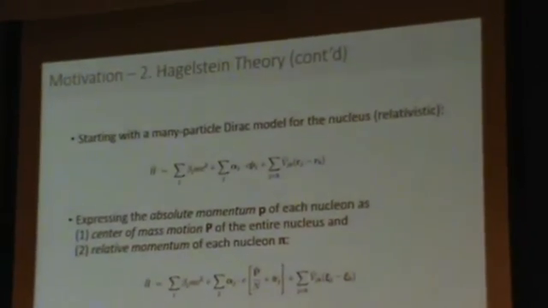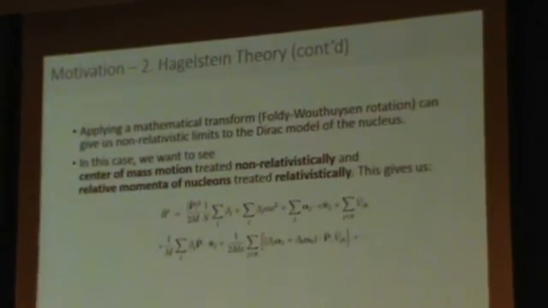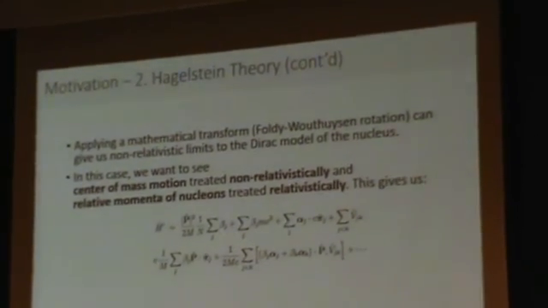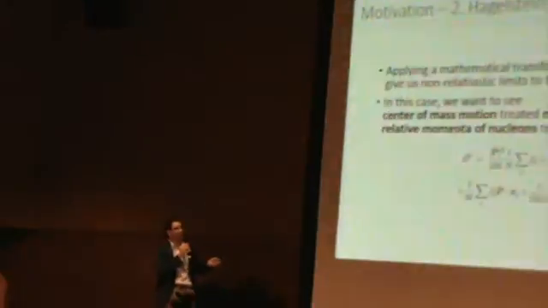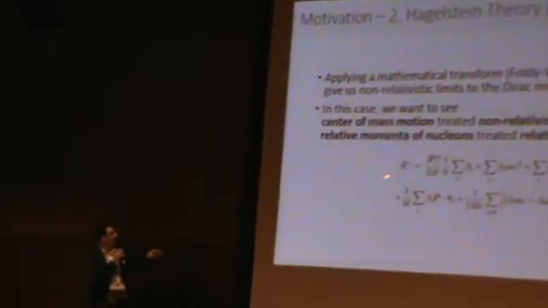And then what's typically done to get the non-relativistic limit of such a Hamiltonian is you apply a Foldy-Wouthuysen transformation. And Peter has done that in a way where he hasn't completely moved to a non-relativistic Hamiltonian, but the intuition here is that the center of mass motion, so the motion of the nuclei in the lattice, does not get anywhere close to the speed of light, so you want to treat that non-relativistically, but the relative momenta of the nucleons you want to keep treating relativistically.